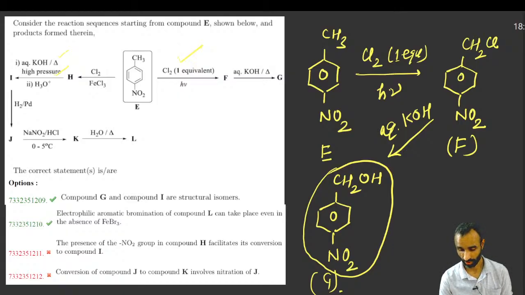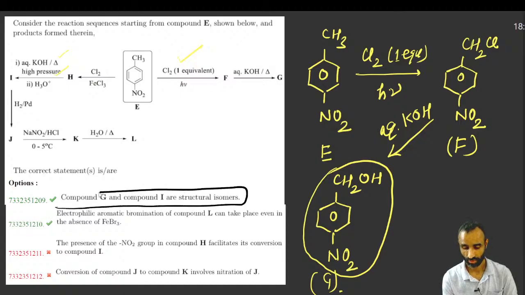It can be structural isomer, one type of structural isomer, it is functional isomer actually. This category of structural isomer we can identify that it is functional isomer. So it is right.